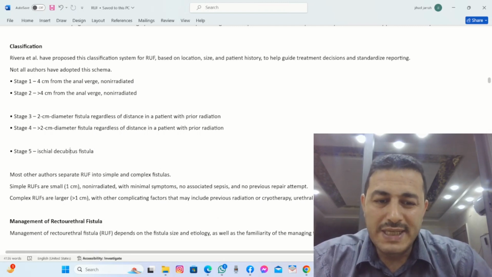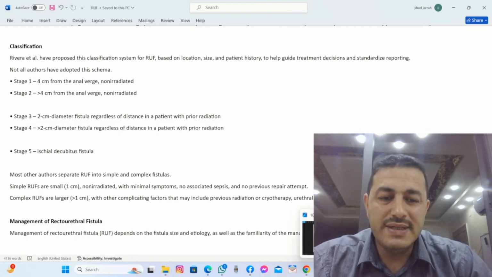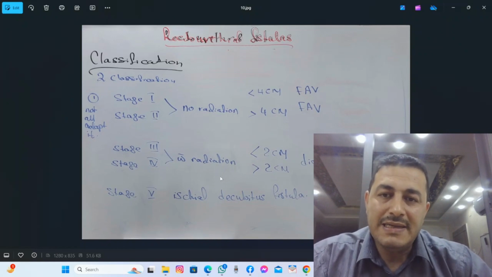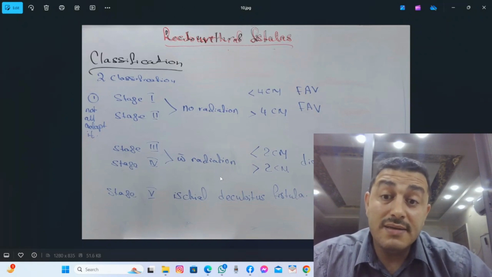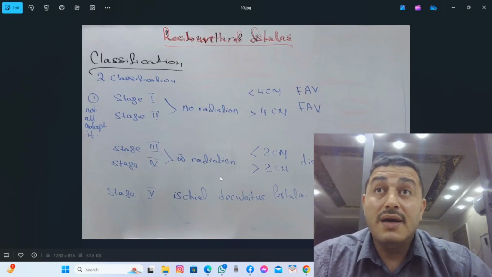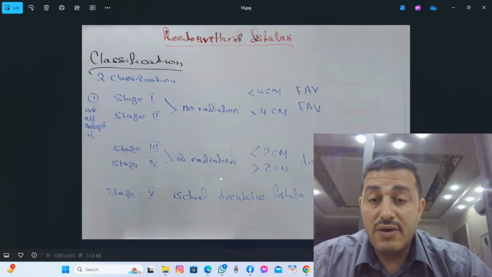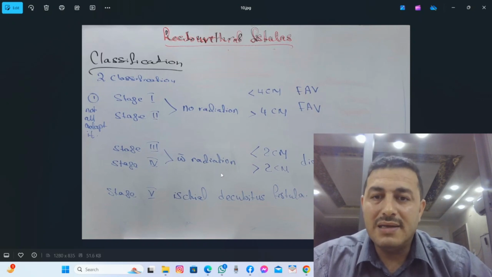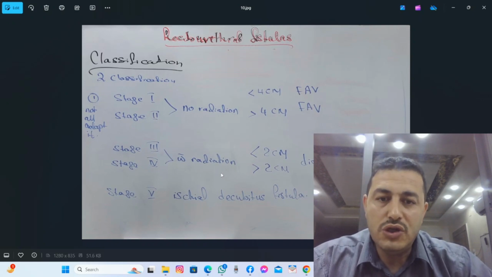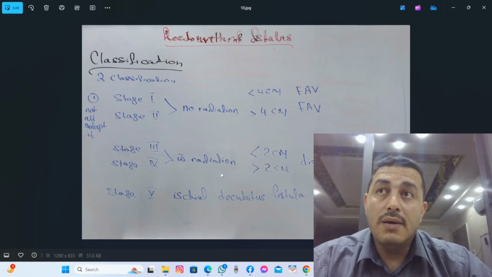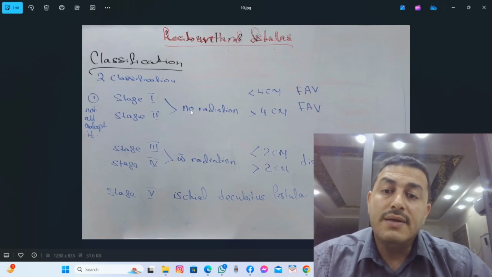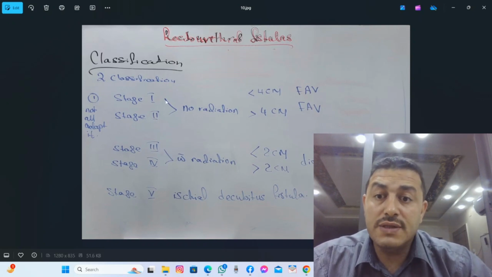Okay, regarding the classification, actually we have two types of classification. One has more details and not all surgeons accept and use it, but the principle behind it is to classify the patient as radiated or not, and this highlights how radiation can worsen the picture of the fistula. This classification divides the patients into 5 stages.